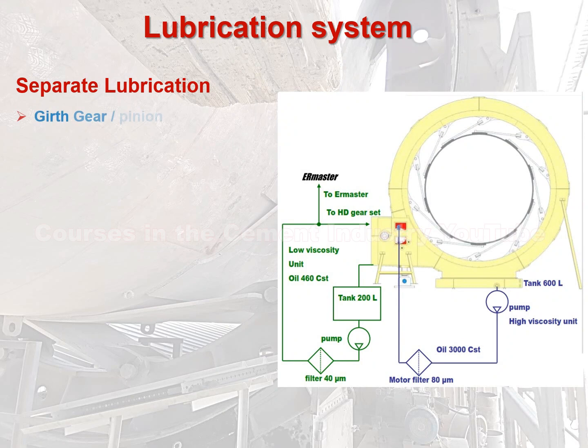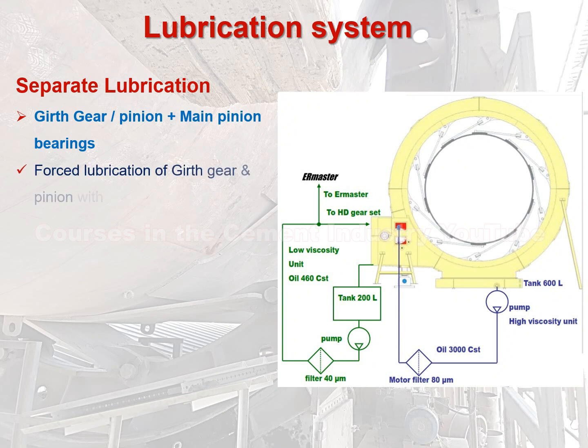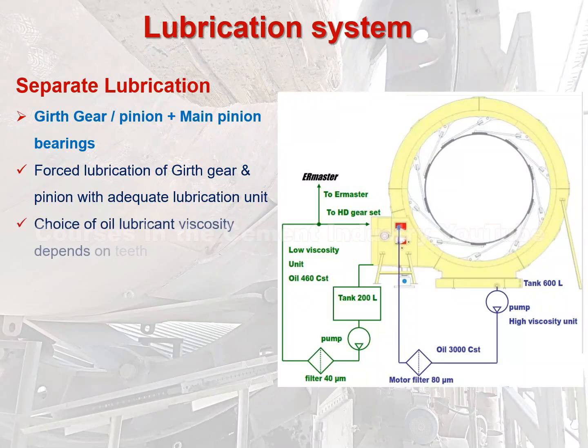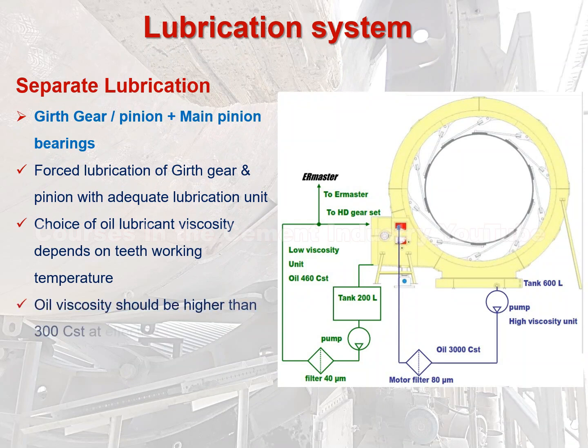Girth gear, pinion and main pinion bearings. 1. Forced lubrication of girth gear and pinion, with adequate lubrication unit. 2. Choice of oil lubricant viscosity depends on teeth working temperature. 3. Oil viscosity should be higher than 300 cSt, at effective working temperature of teeth meshing.